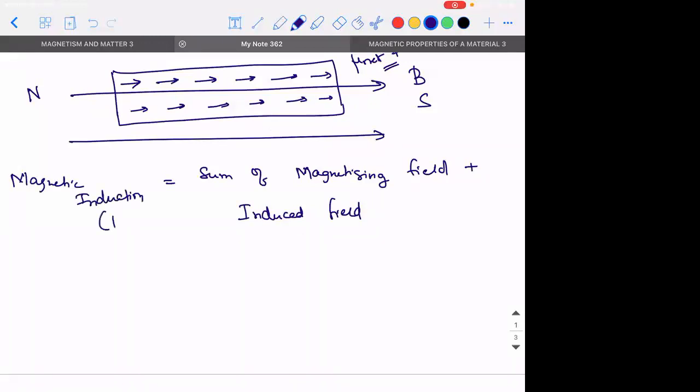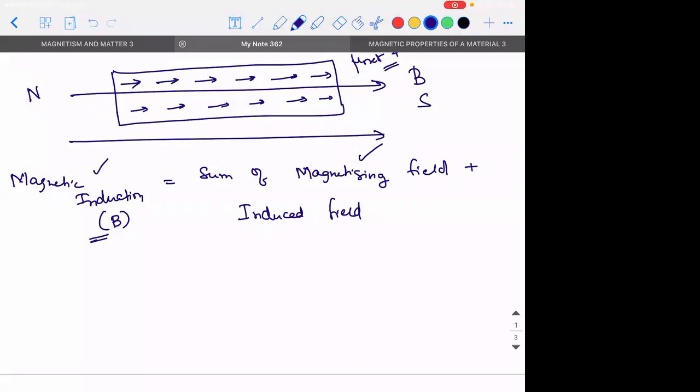In this chapter, magnetic induction is represented by the symbol capital B. Guys, did you understand what I meant? Is everyone clear with this? Yes, sir. Good. So the sum of the magnetizing field plus the induced field is what we call magnetic induction.